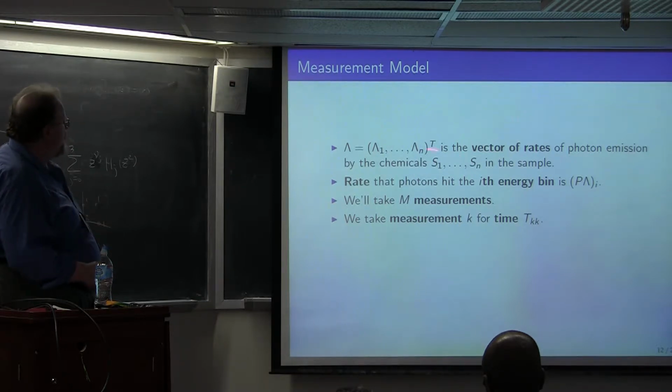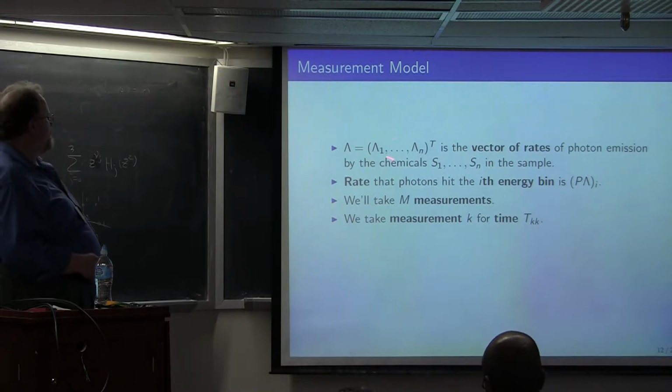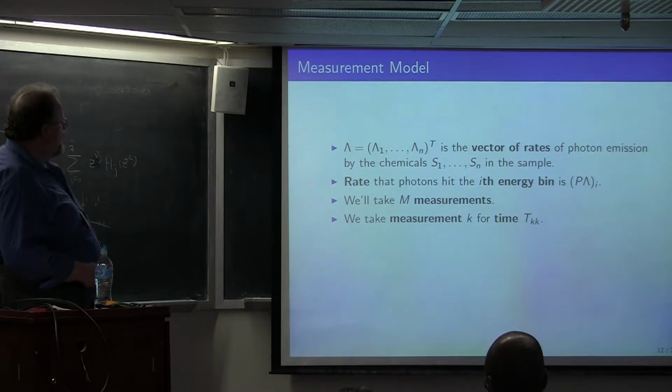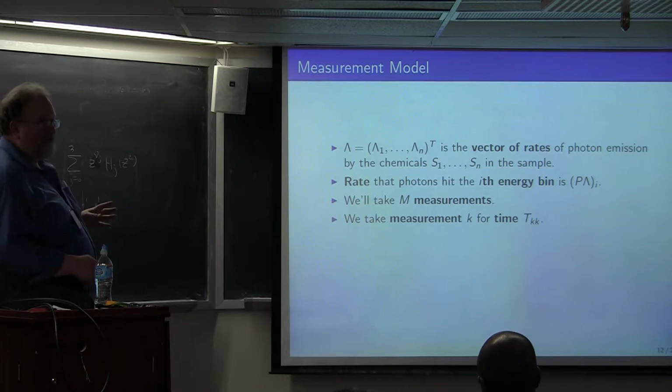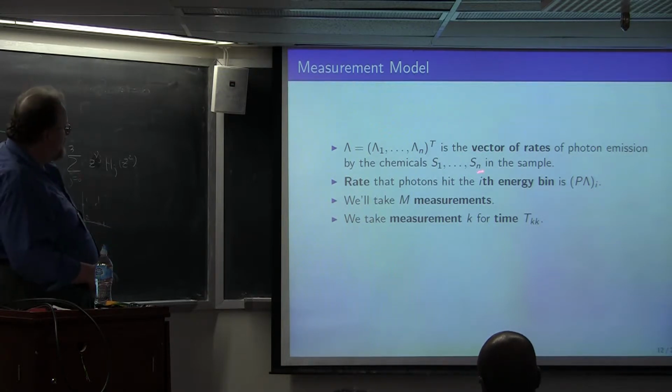Lambda is a vector of rates. So lambda 1 might be the rate from acetone, lambda 2 the rate from benzene. Now you multiply the total rates by this probability distribution. That tells you how many photons hit the ith energy bin. This is the mixing: each energy bin gets some photons from the first one and some photons from the second one, and this tells you the probability distribution of that mixing.